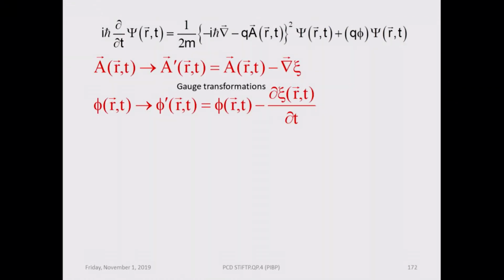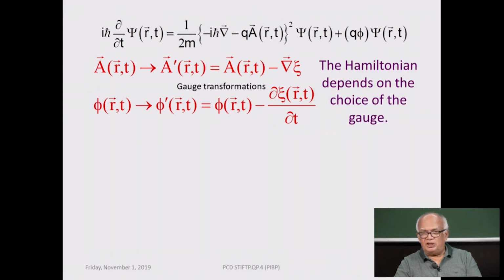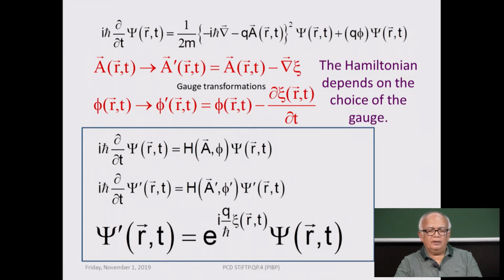So, this is the Aharonov-Bohm phase effected due to the gauge transformations. Okay? So, the Schrodinger equation with one set of potential and the Schrodinger equation with another set of potential are completely equivalent. You have got the same eigenfunction, which however differs to some extent, not in details, but it does differ in the phase, which is the Aharonov-Bohm phase. Okay?